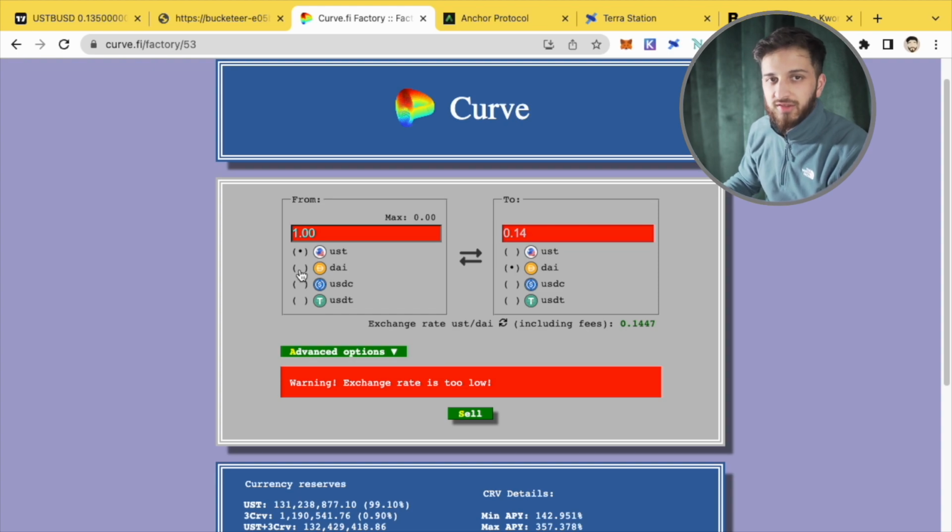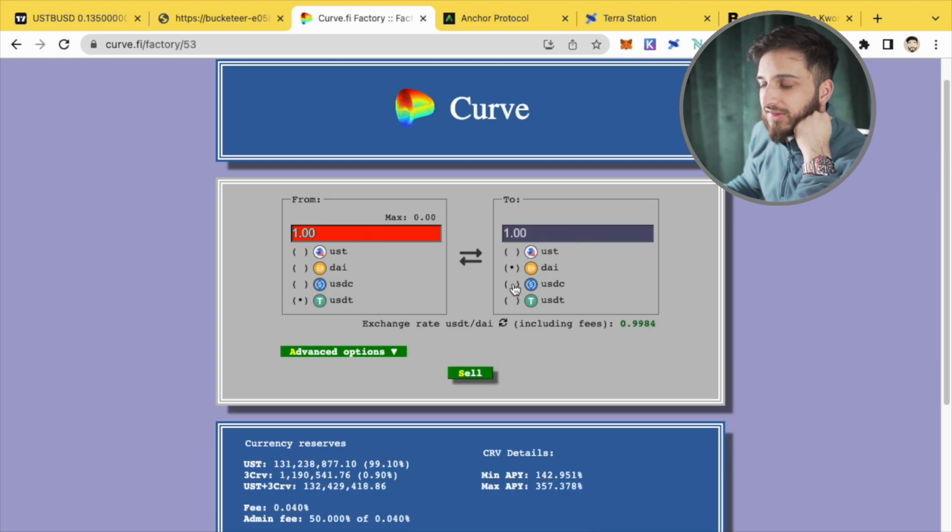I know you've got a few others like BUSD as well, but this is basically a place where you can swap your UST to USDC, or you can swap USDT to USDC, and it's great because you can get the best exchange rates here. There's deep liquidity, and it works really well.